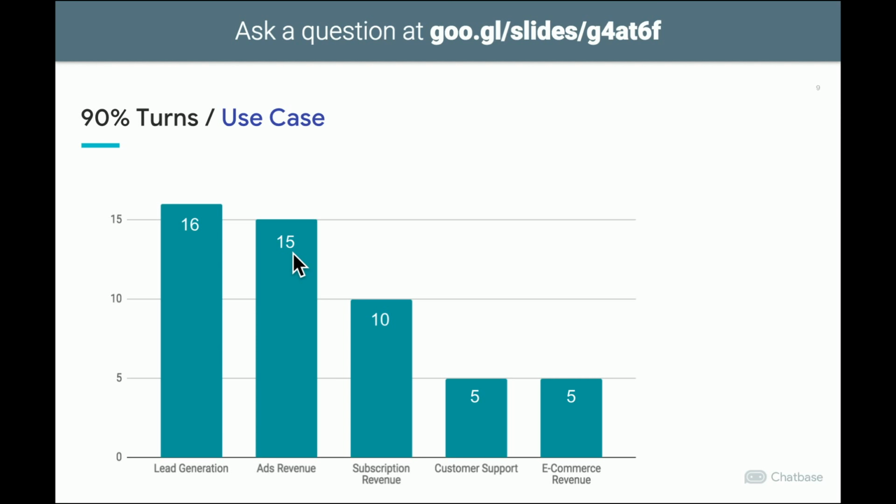So I think the takeaway is that lead gen is currently the most engaging when it comes to bots, with 16 turns and almost 12 minutes for the top kind of interactions. And so my hope is, looking at this data, you can consider your own bot use case and see where you land relative to your peers.